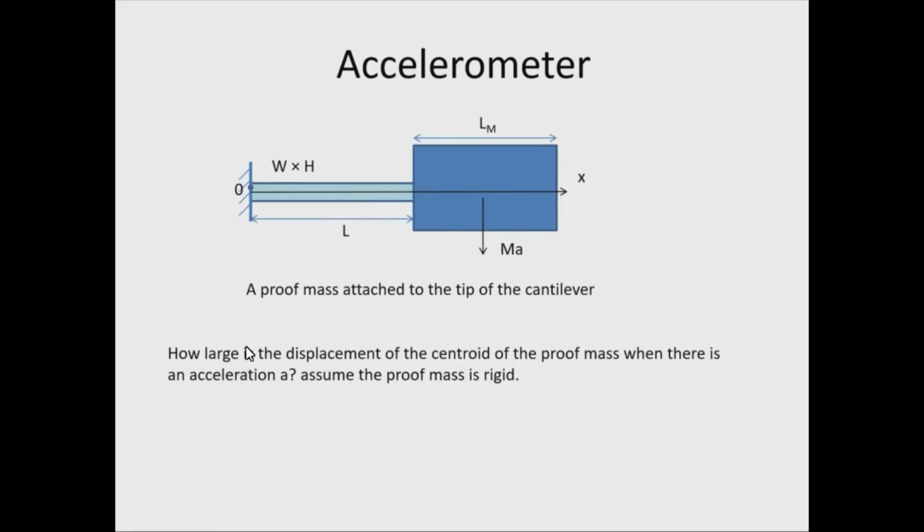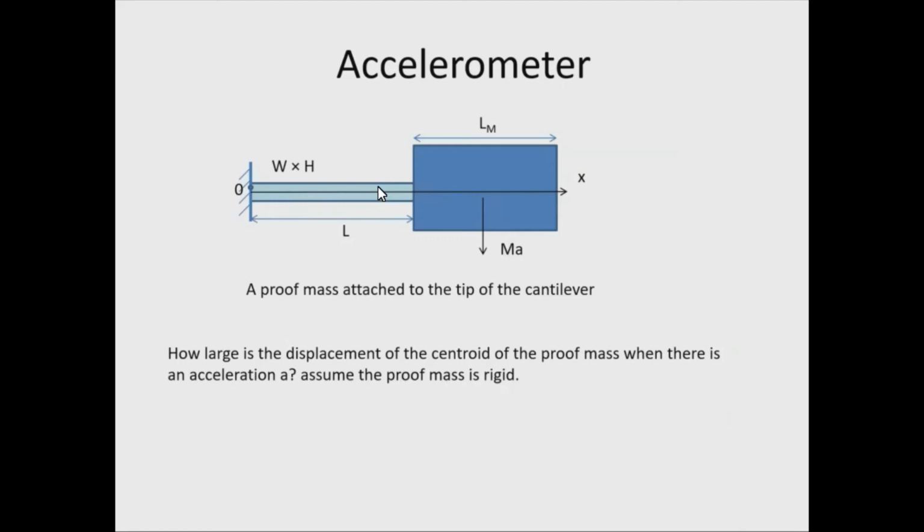How large is the displacement of the centroid of the proof mass when there is an acceleration a? Let's assume the proof mass is rigid. To answer this question, we have to find the deflection of the cantilever. So how do we find the deflection of the cantilever?